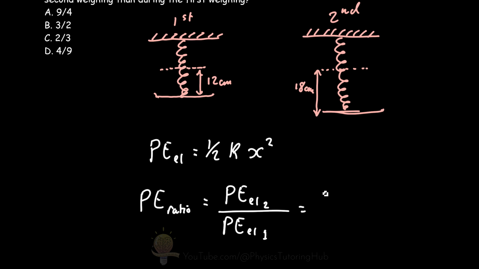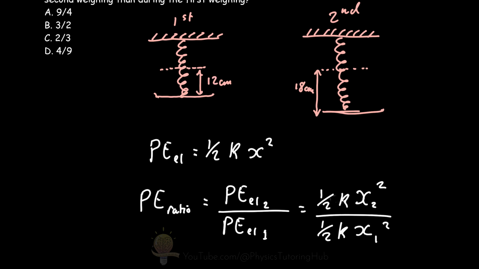And that equals half times the force constant multiplied by the length the spring has been stretched, squared, in the second scenario, divided by half times the force constant multiplied by the length that the spring has been stretched in the first scenario.